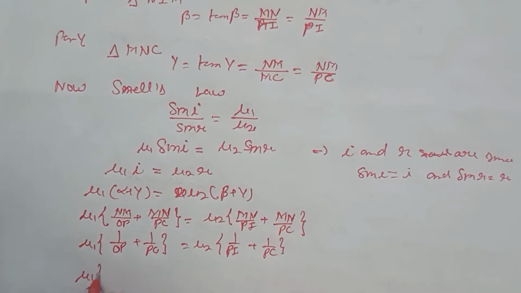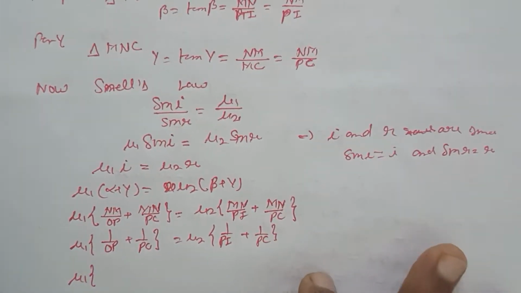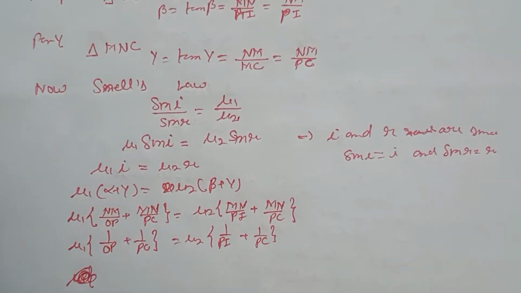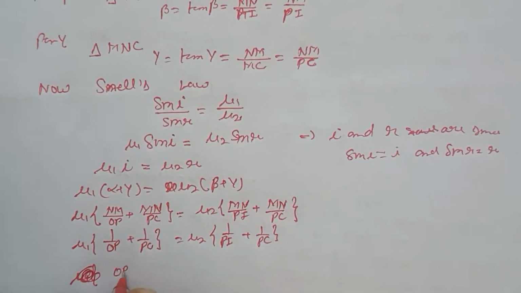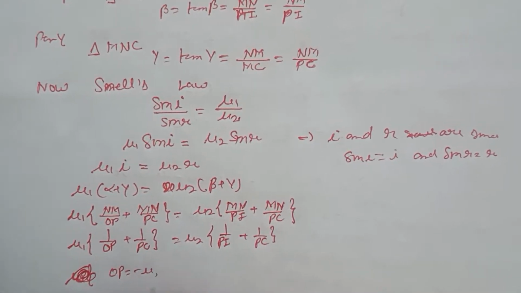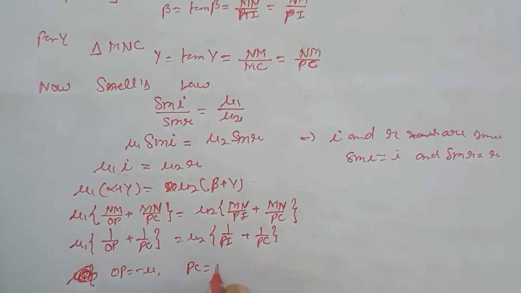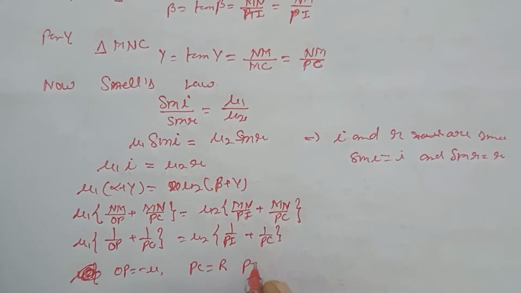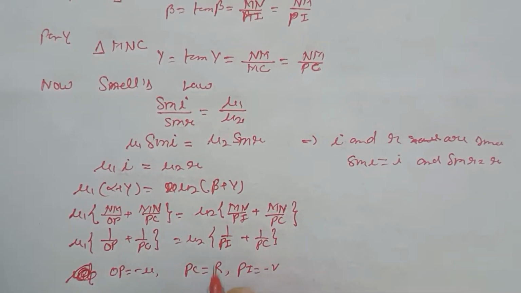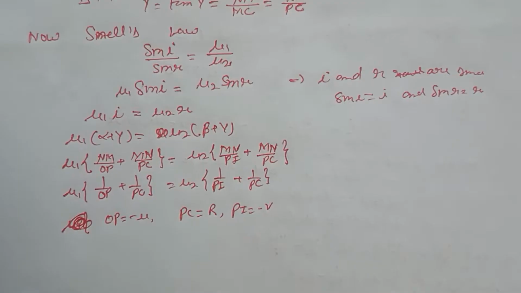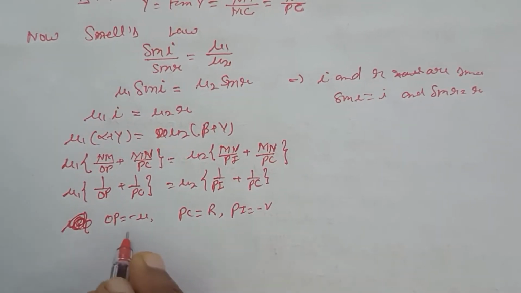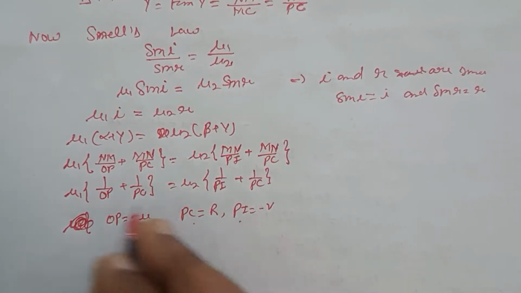So mu1 as it is. Now OP equals minus U, PC equals R, PI equals minus V. Now put the value of OP, PC and PI in the above equation.